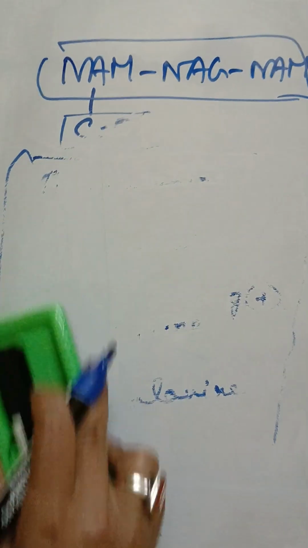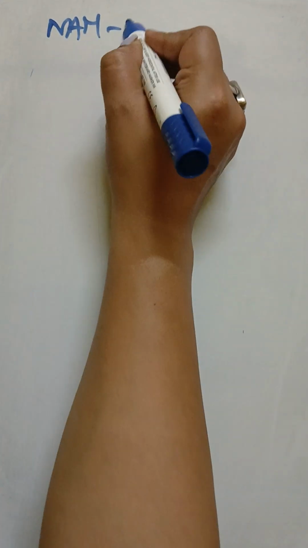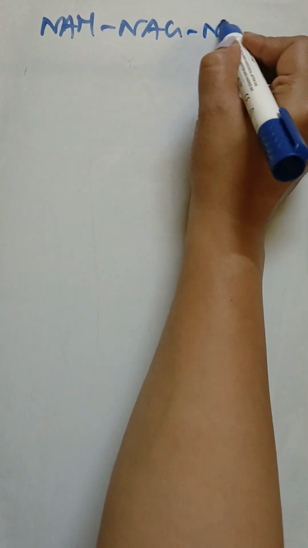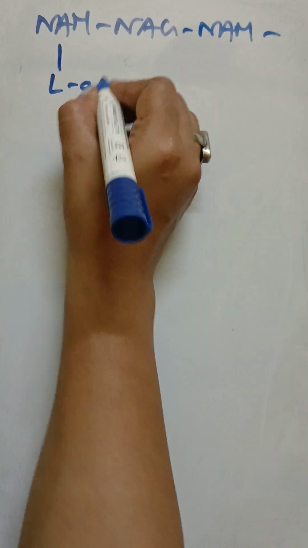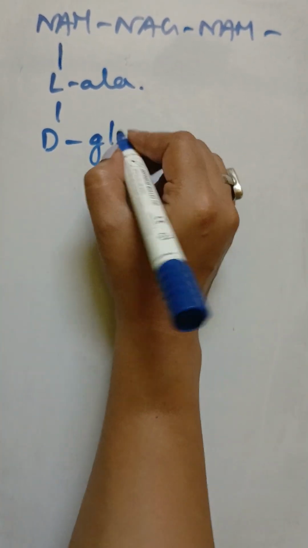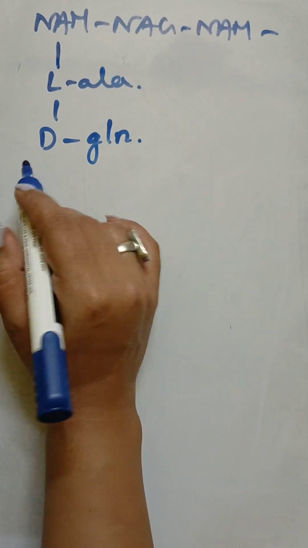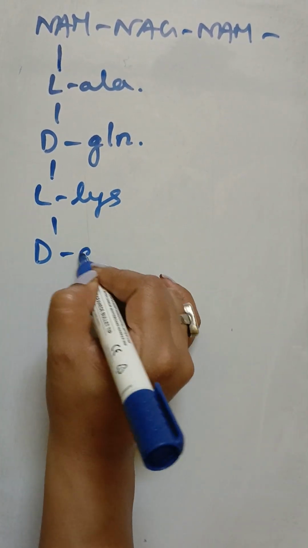Like this, I should erase it and rewrite this. NAM, NAG, NAM, L-alanine, D-glutamic acid, then L-lysine, D-alanine.